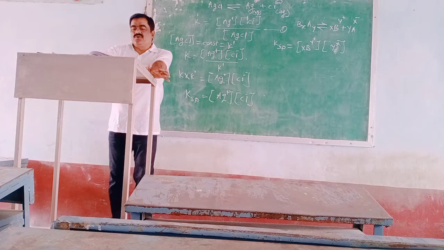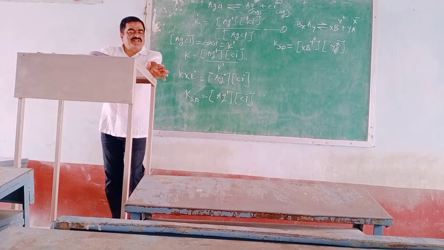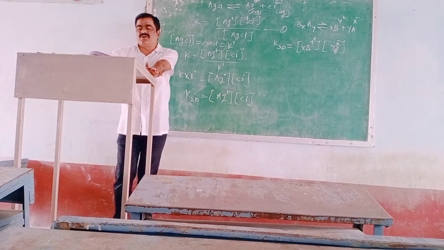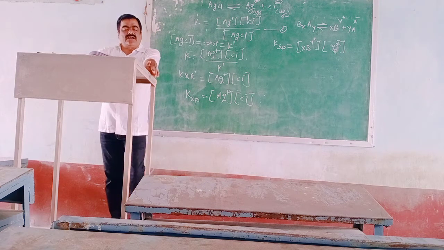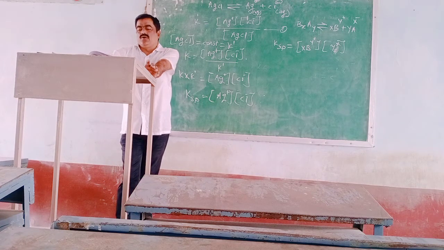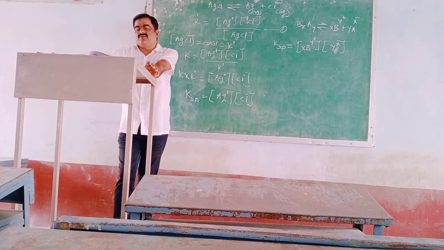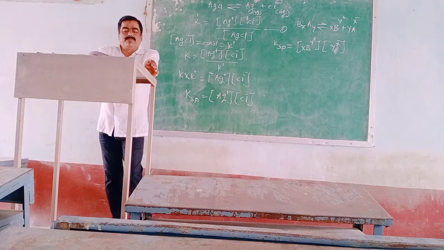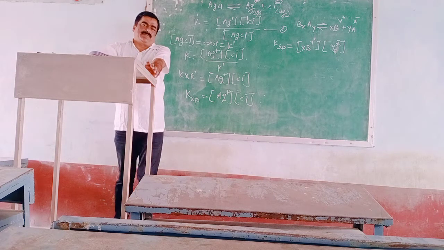In the saturated solution of a strongly soluble salt, the product of the equilibrium concentrations of the constituent ions raised to the power equal to their respective coefficients in the balanced equilibrium expression at a given temperature is called the solubility product.